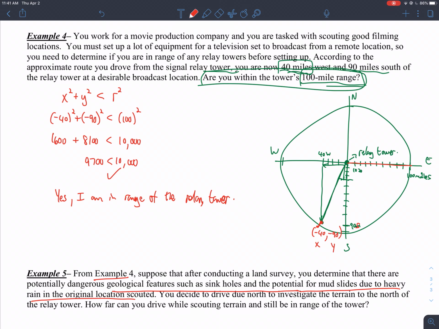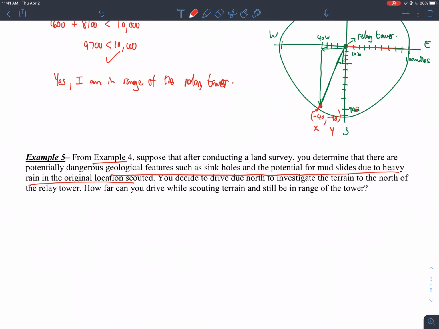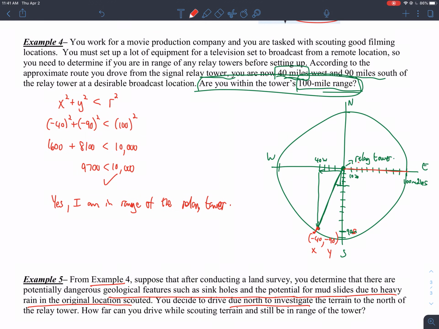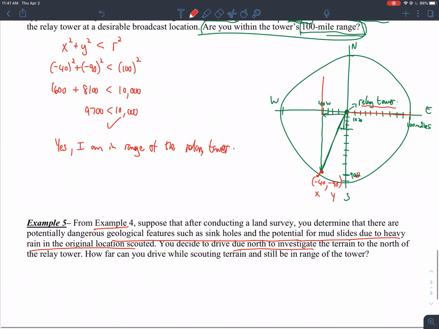So you decide to drive due north, straight up north, to investigate terrain to the north of the relay tower. Here's the relay tower again. So I'm going to go somewhere to the north of the relay tower.